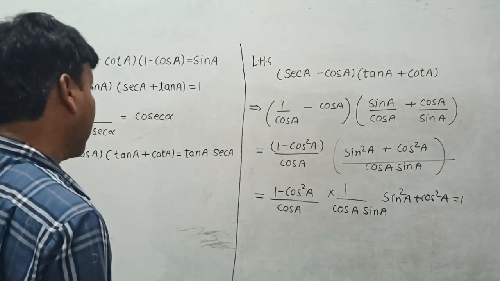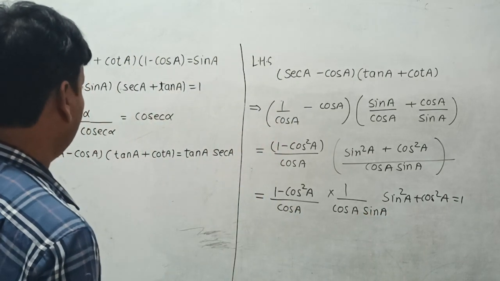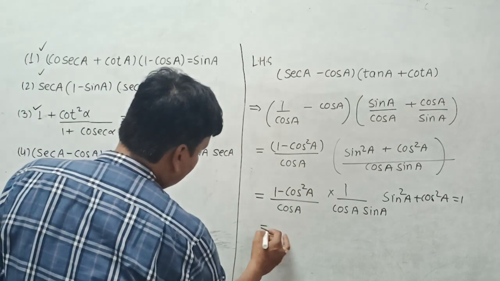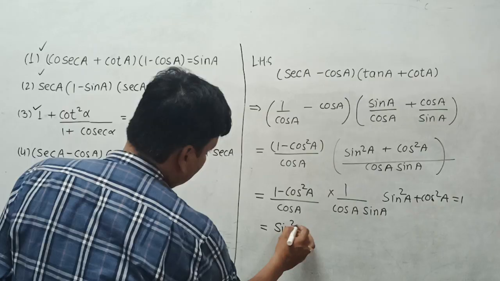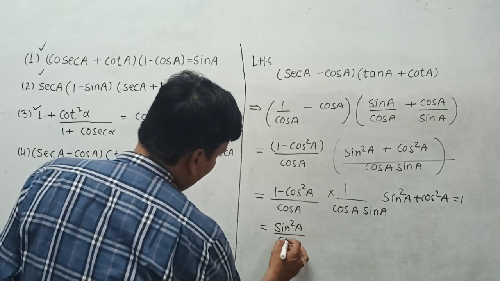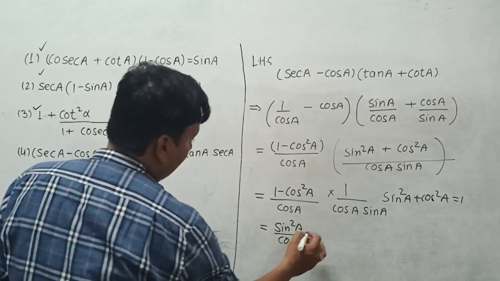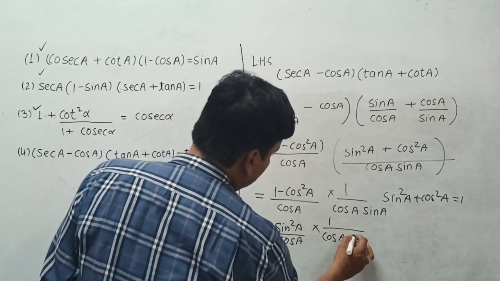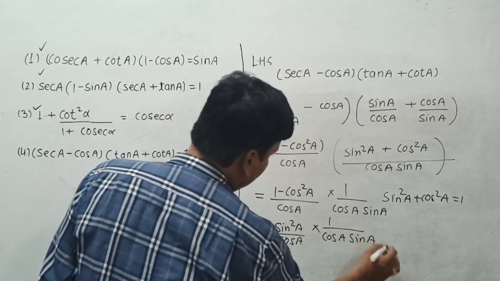Okay, so this is sin square a, I have already told you, and that is 1 upon cos a sin a.